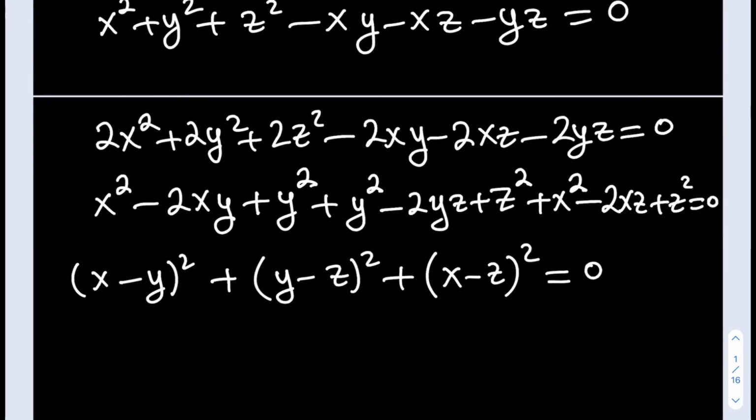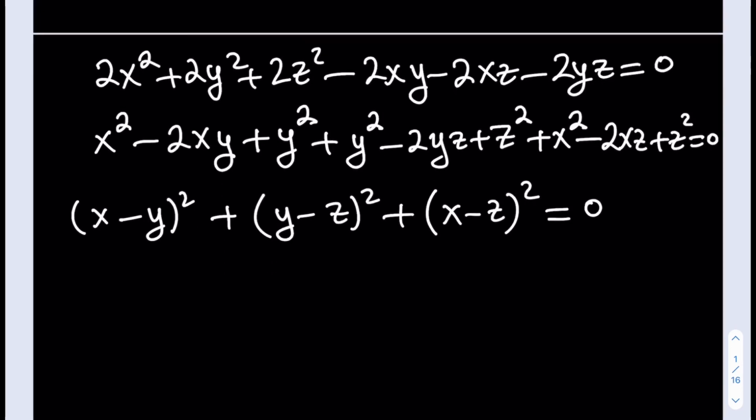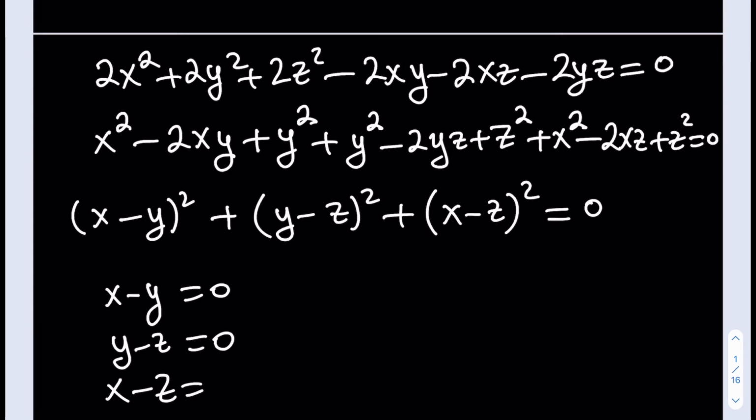Okay, now what is that supposed to mean? We have an equation in 3 variables, but this is a sum of squares. And as you know, a square cannot be negative, right? No square can be negative. So how can the sum be 0 then if none of them can be negative? Well, that means they're all 0. So from here we get the awesome result. The conclusion is x minus y is equal to 0, y minus z is equal to 0, and x minus z is equal to 0.